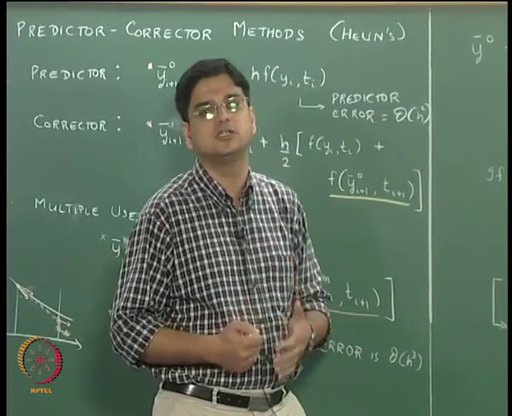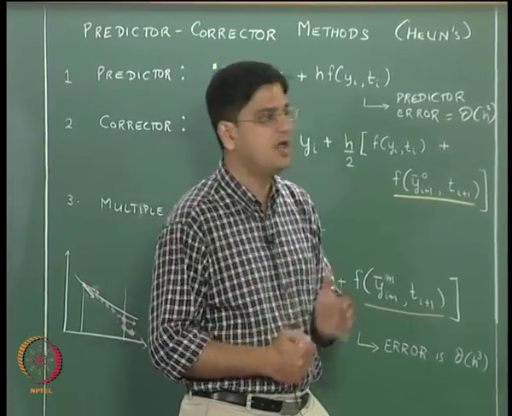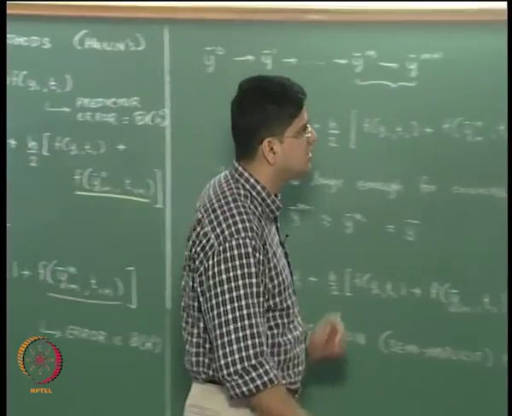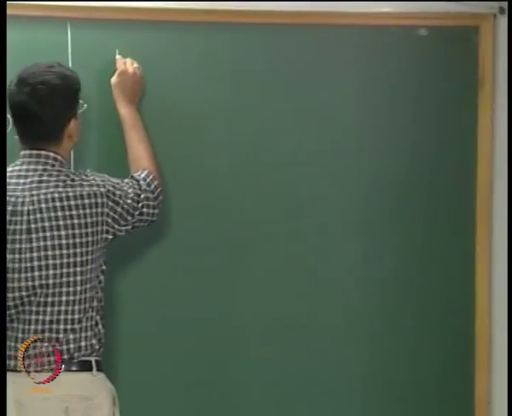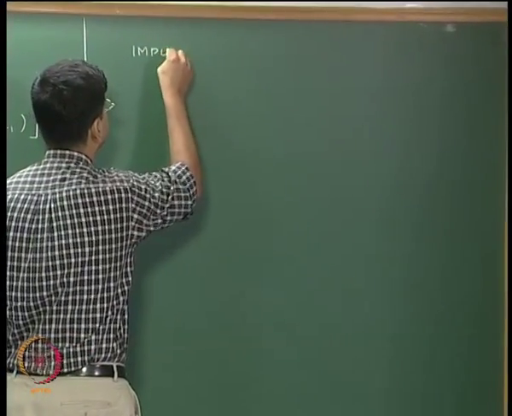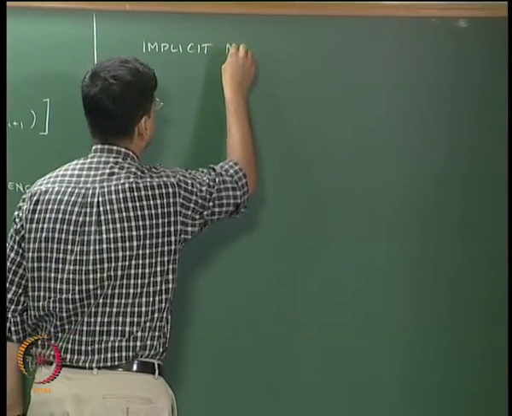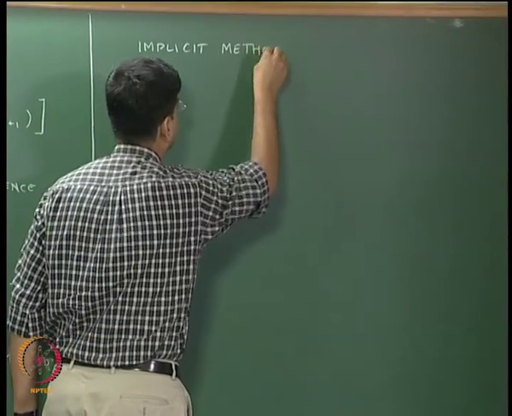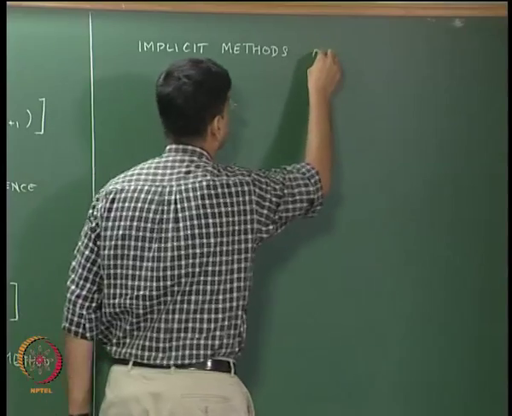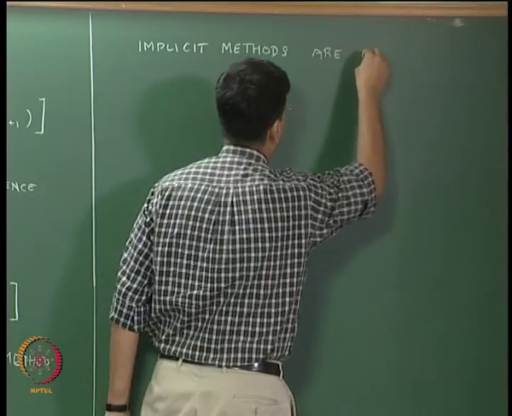So the question is, why implicit method? The answer is because implicit methods are more stable.